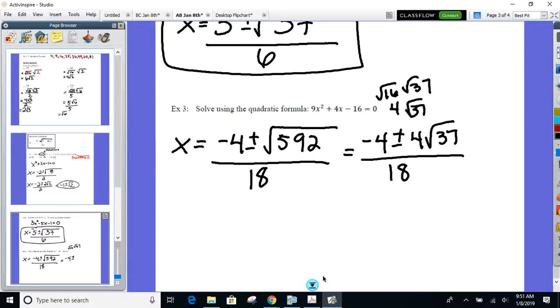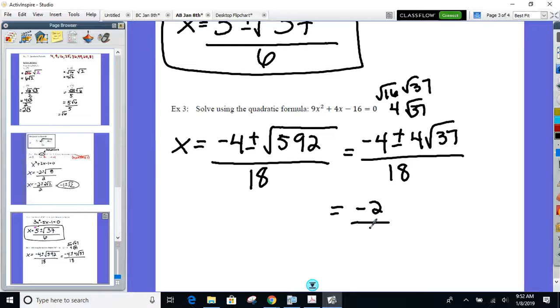All right, here we go. Let's keep going. Ready? Let's go left side. Negative 4 over 18, you can simplify. What number goes into both? 2. So negative 2 over 9. I can write it like that, plus or minus.